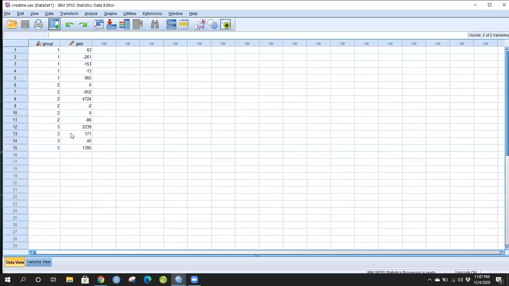Now the question arises: does the average weight gain depend on the creatine condition to which people were assigned? Creatine is the name of that supplement.